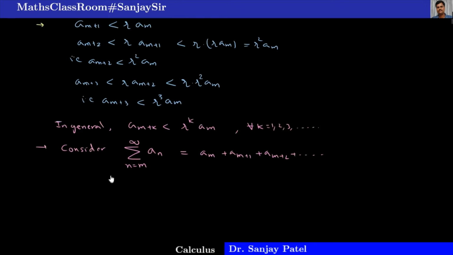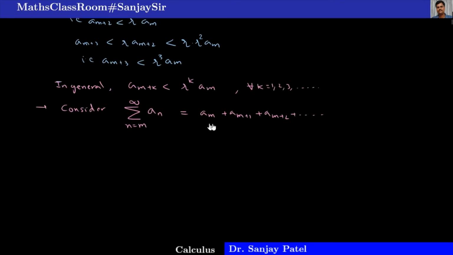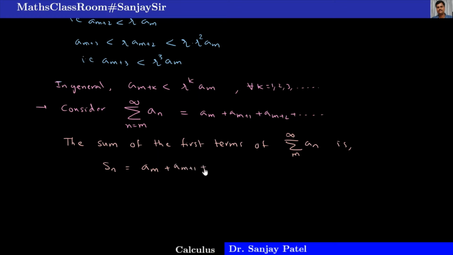Now for this series, the sum of the first n terms, suppose I denote it by S_n, of this sigma n equal to m to infinity a_n, is given by S_n equal to a_m plus a_(m+1) plus a_(m+2) plus and so on, plus a_(m+n-1).